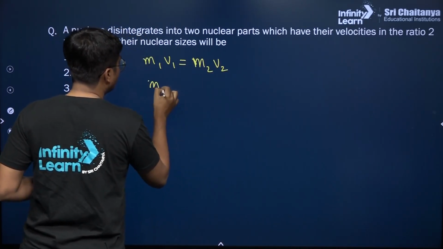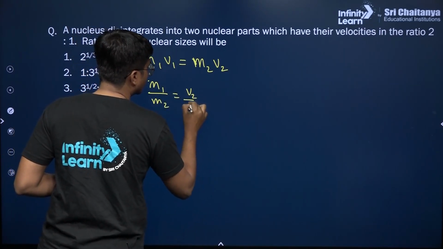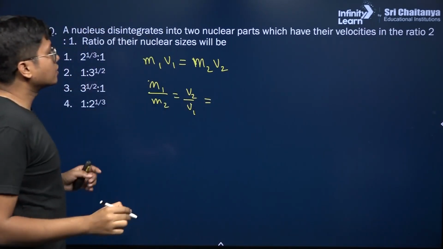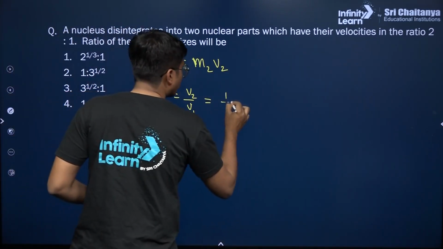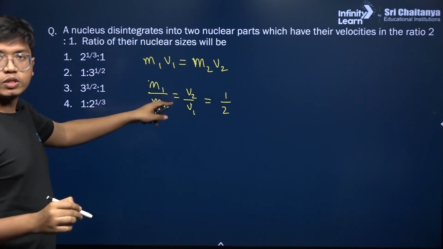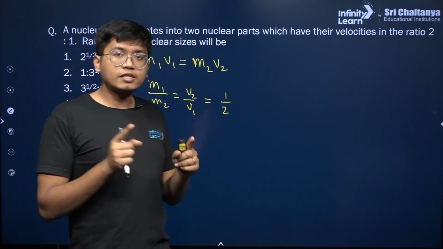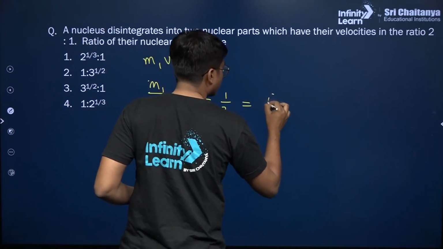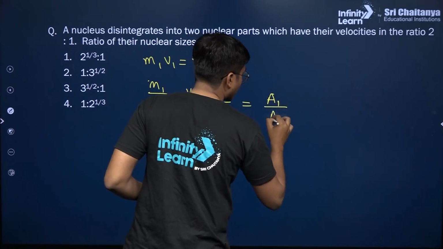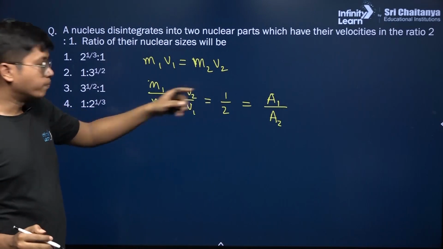So m1 by m2 is equal to v2 by v1, which as it says here, is in the ratio of 2:1, so it would actually be 1 by 2 here, right, because v1 by v2 is 2:1. Now the masses depend on the mass number, so this half is also equal to A1 by A2, because m1 by m2 is proportional to A1 by A2.